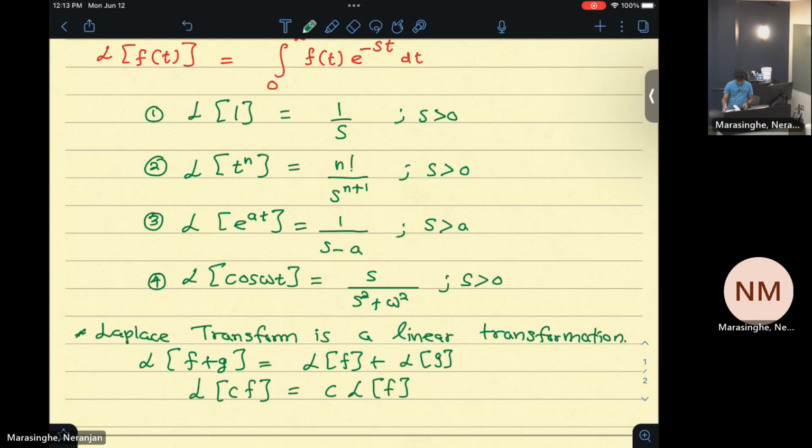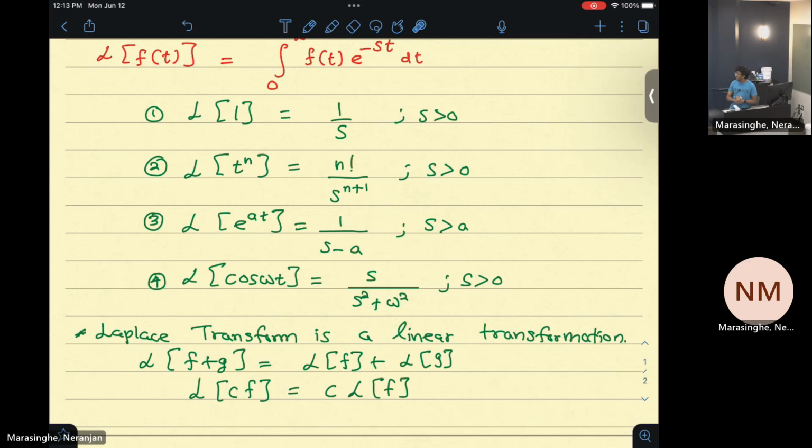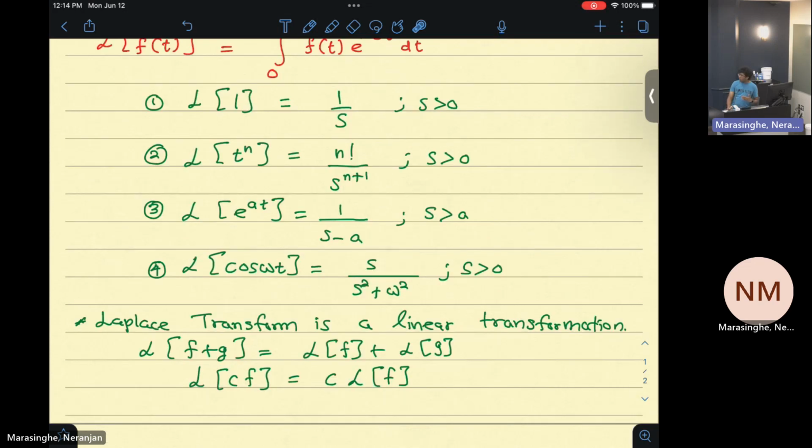Right. So I proved these four things, right? And the hardest one was the Laplace transform of cosine omega t. So I did that in a different way from the lecture notes. So I would add another formula to this one that I'm not going to prove, but the proof is kind of the same as the Laplace transform of cosine omega t.